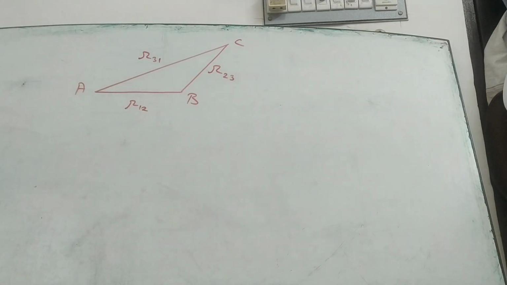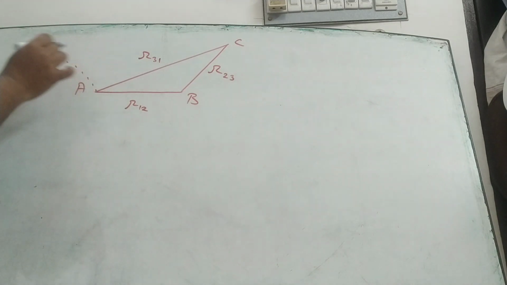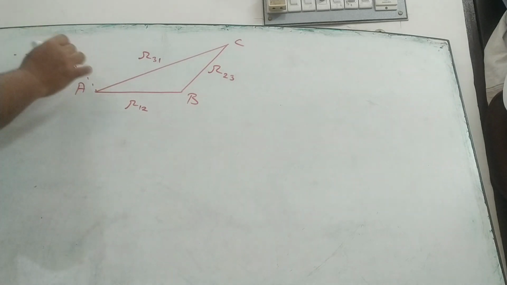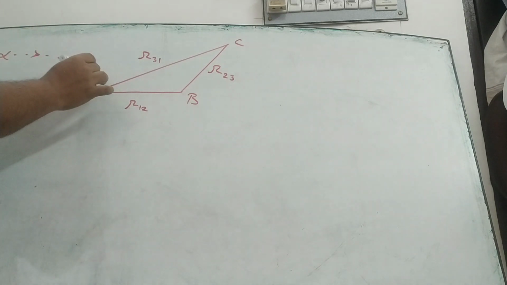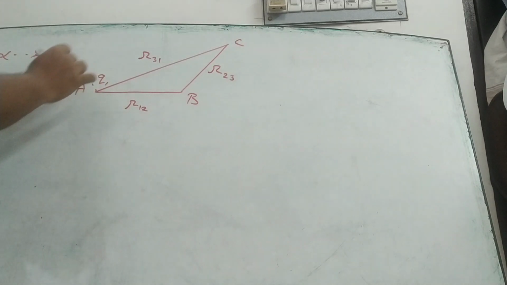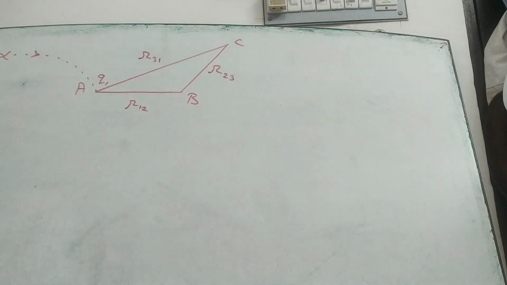After that, a point charge q1 is brought from infinity to the point A. This charge q1 does not experience any electrostatic force, either repulsion or attraction.